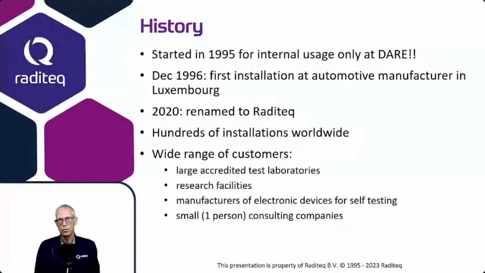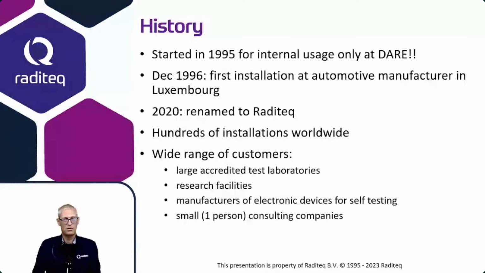We now have hundreds of installations worldwide, ranging from China, America, Australia to Argentina, to all European countries and so on. There is a wide range of customers that are using RadiMation. Those are, for example, the very large accredited test laboratories, but also research facilities.